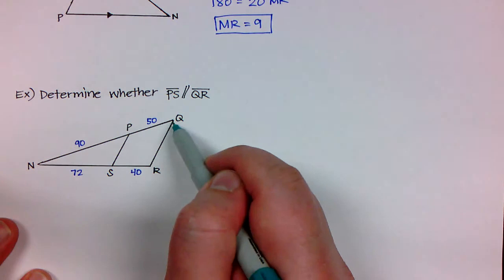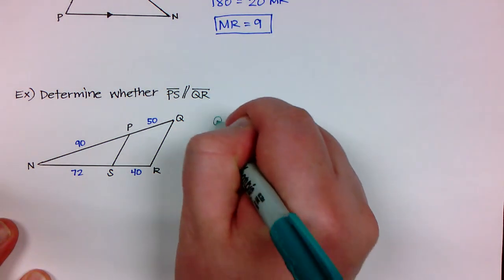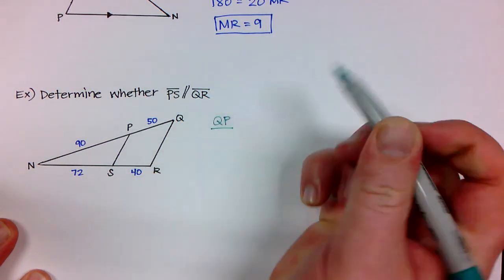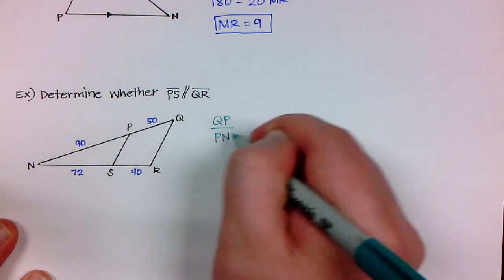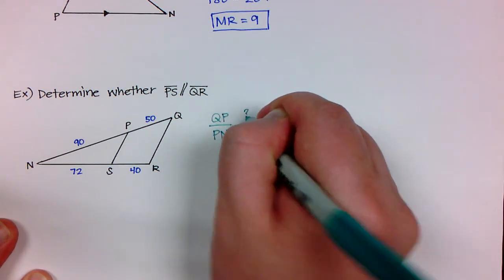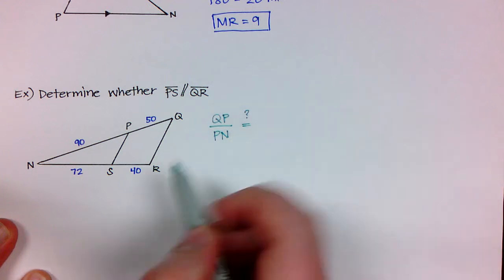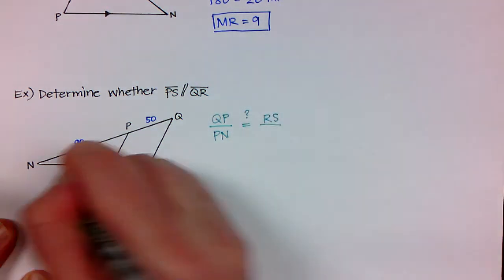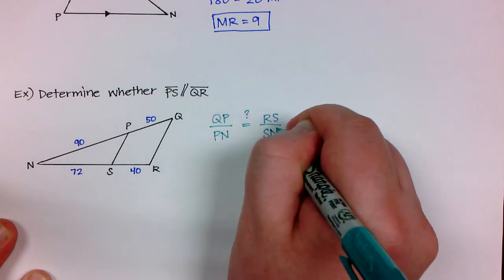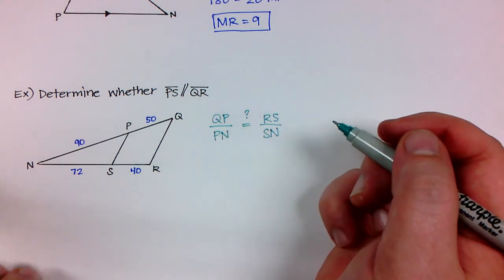I want to compare QP to PN because they're both on the same side. And I want to see, I'm going to put a question mark, if this is going to be equal to RS compared to SN.